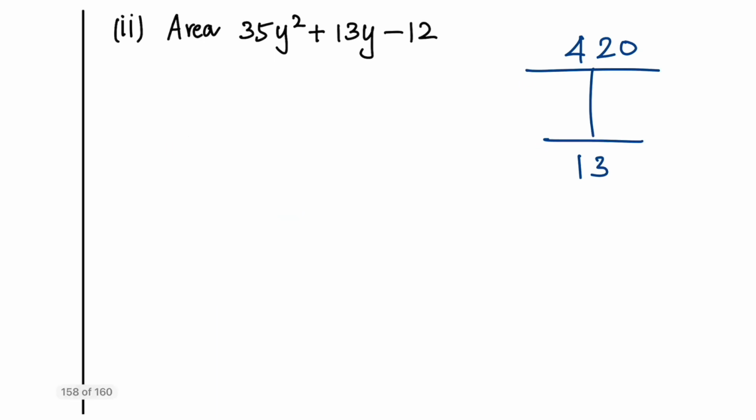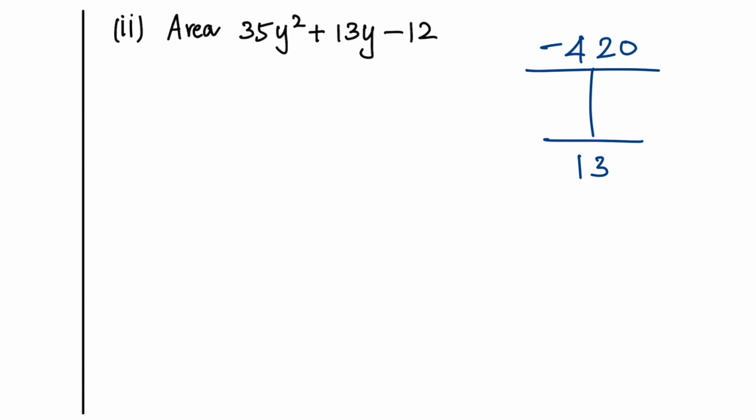Now this is not just 420, it's minus 420 because this constant term is a negative term. So the product should be minus 420 and the sum should be 13. Okay, so since it can be minus 420, it means that it's going to be two numbers, right?